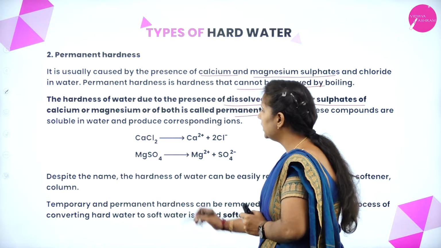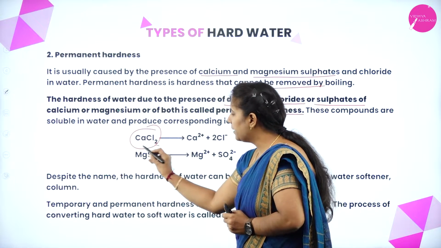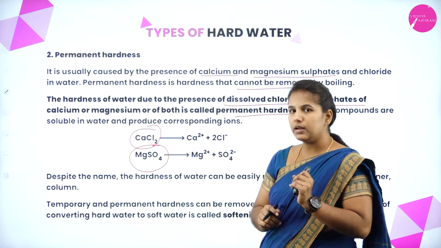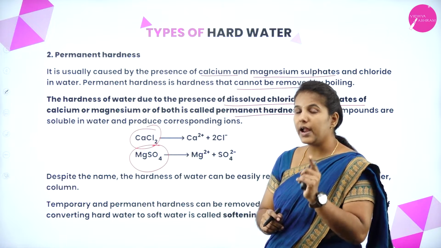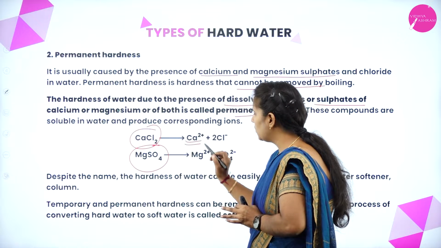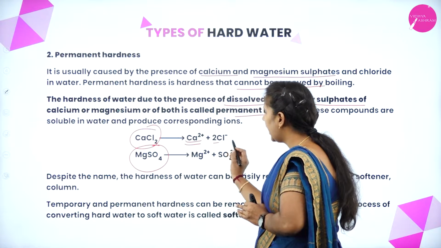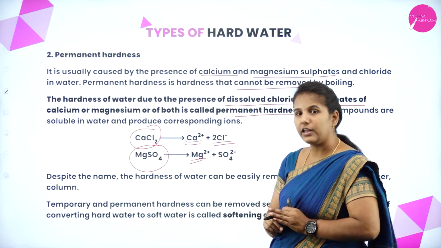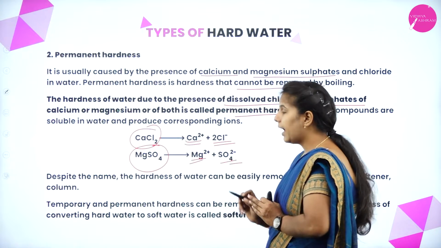You can see here the calcium chloride and magnesium sulfate. So these are the two minerals which have chloride and sulfate ions. Is it right? So you can see that it forms a calcium cation and chloride anion. Similarly, magnesium forms a magnesium cation and sulfate anion.